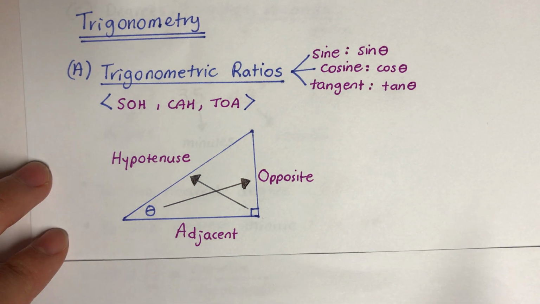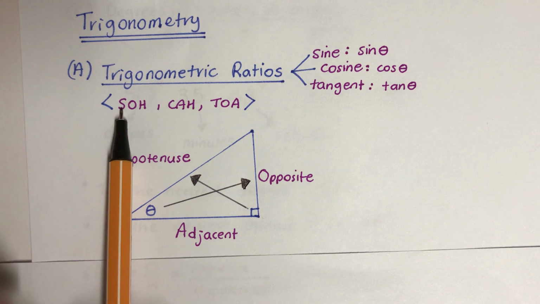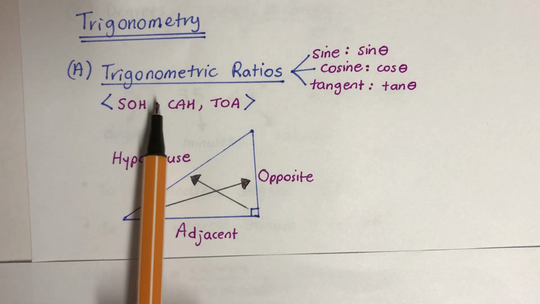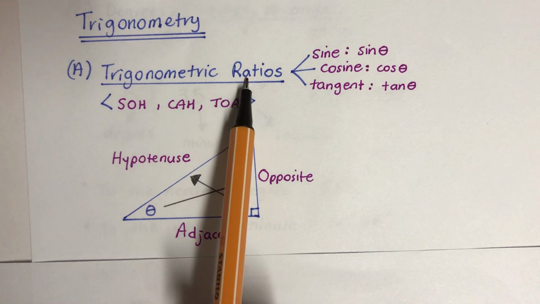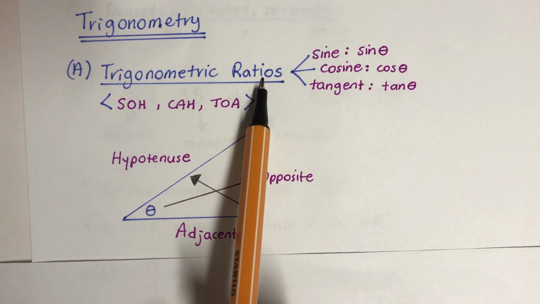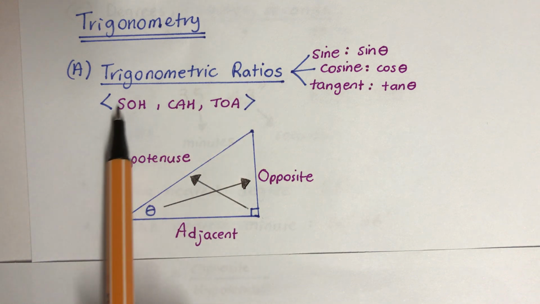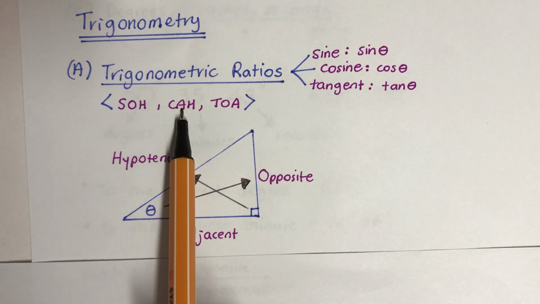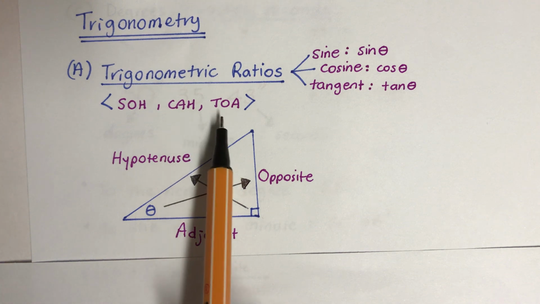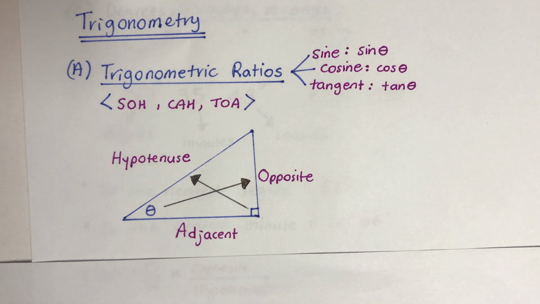Okay, so with SOH CAH TOA, the first letter is indicating the ratios: sine, cosine, tangent. These are the ratios, which are fractions. So it'll be opposite over hypotenuse, adjacent over hypotenuse, opposite over adjacent.